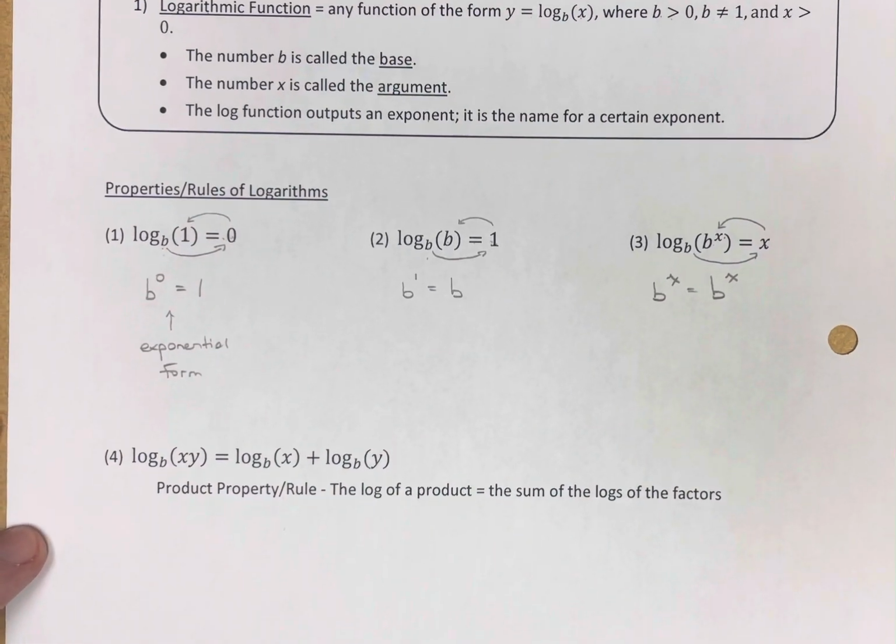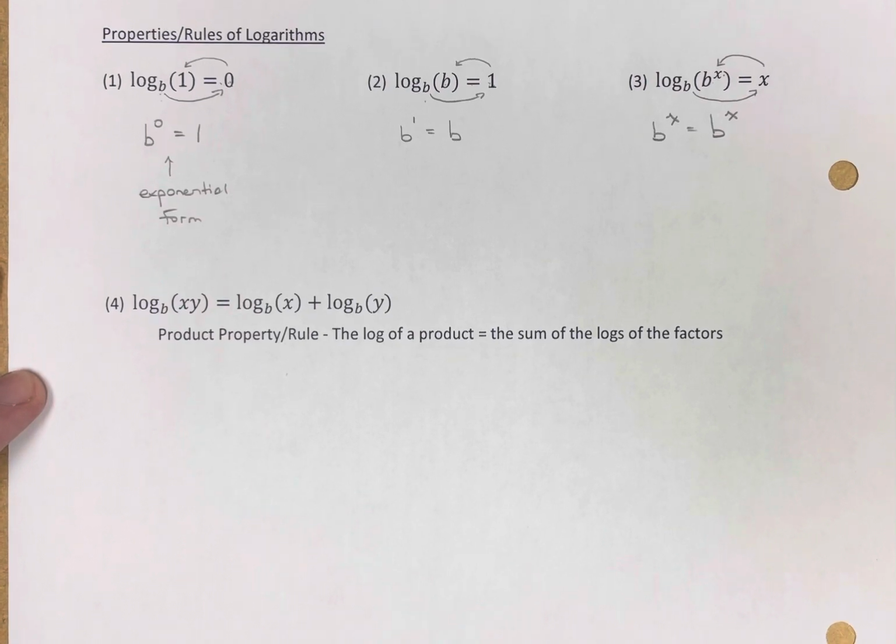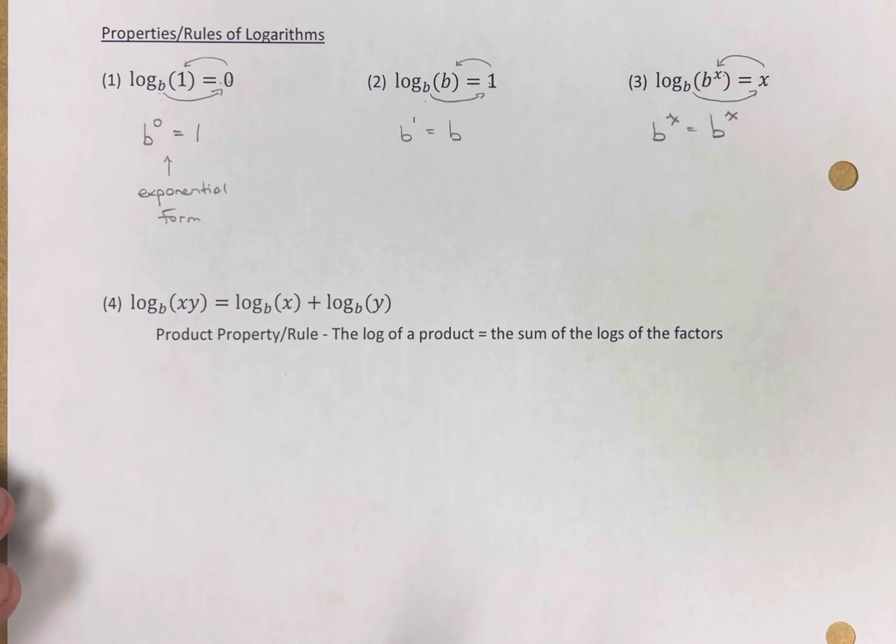Okay, the next three, I'm not going to prove, I'm just going to share them with you. Proofs can be found fairly easily online, and I can certainly assist with that if you'd like me to.